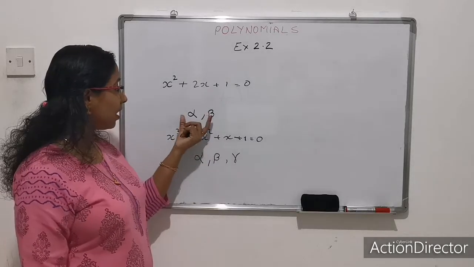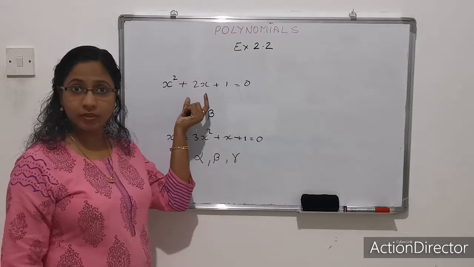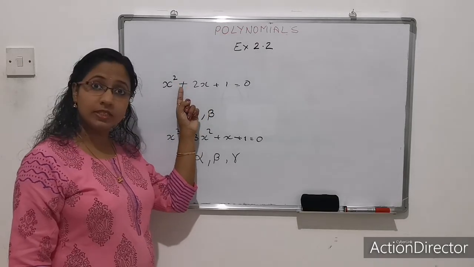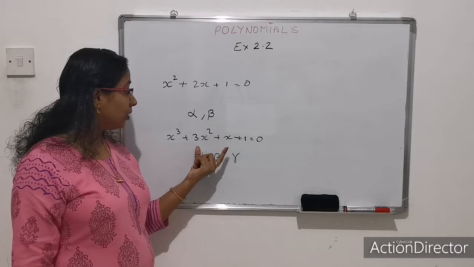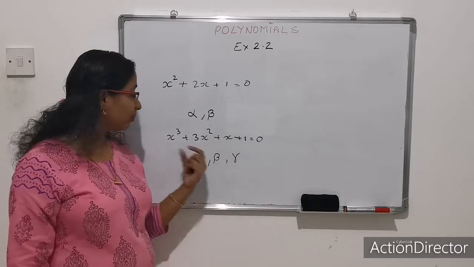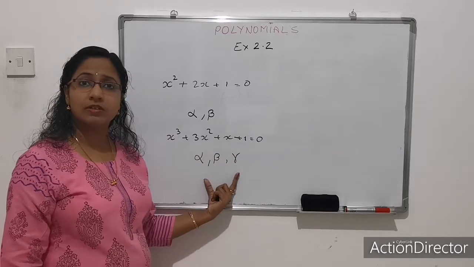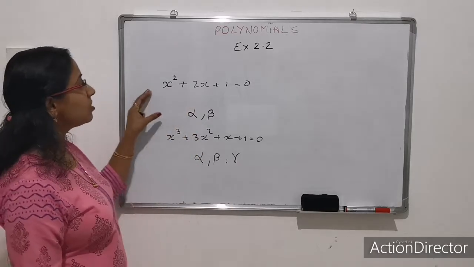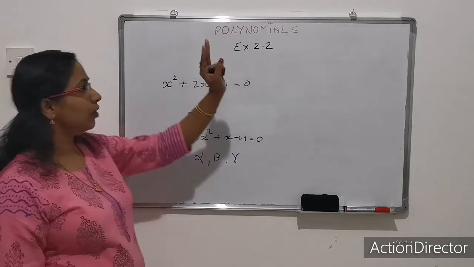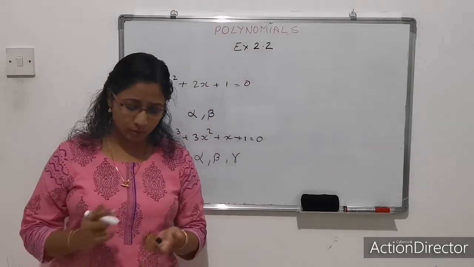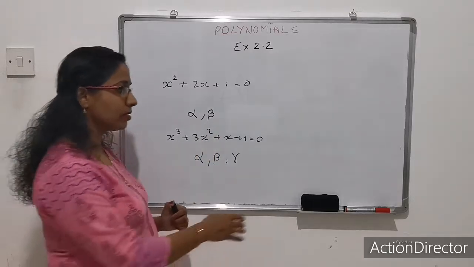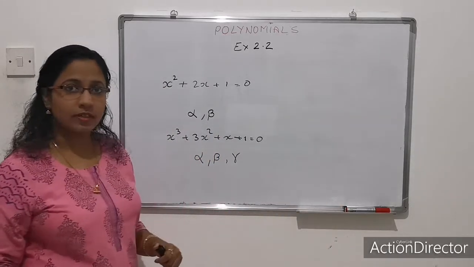So this is alpha and beta when it is a quadratic equation, where the maximum power is 2. And this is called a cubic equation where the maximum power is 3 and the roots are alpha, beta, gamma. This is the only preliminary thing you want to know before exercise 2.2, and this you already know. In 9th and earlier classes you have already studied.